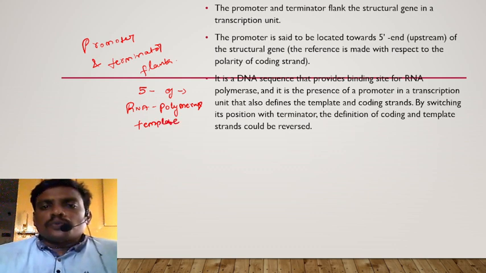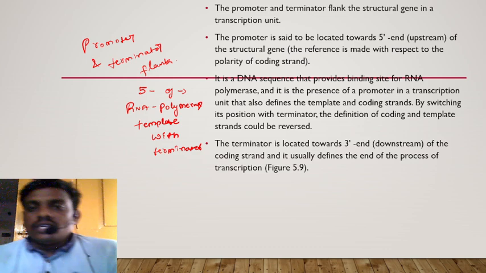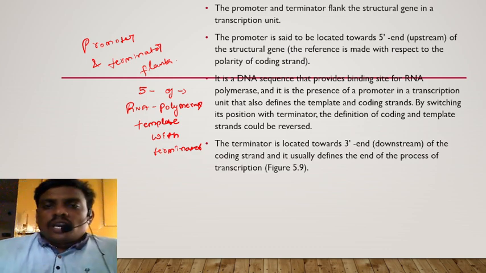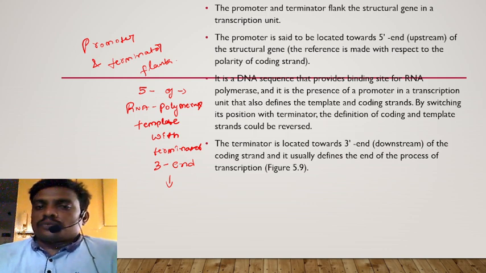By switching its position with the terminator, the definition of coding and template strand would be reversed. The terminator is located towards the 3' end, or downstream, of the coding strand, and it usually defines the end of the process of transcription.